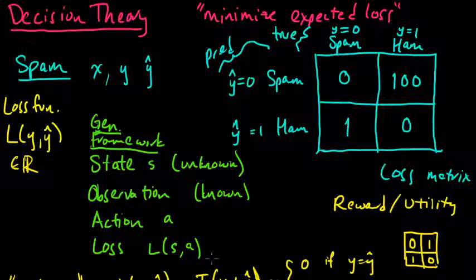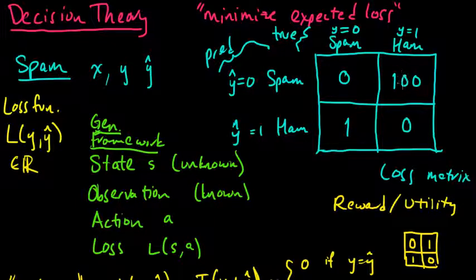What's different about this type of loss than this one is that here, if you want to minimize your loss, you're going to design a very different sort of classifier, because here it's super bad if you classify a ham email as spam.